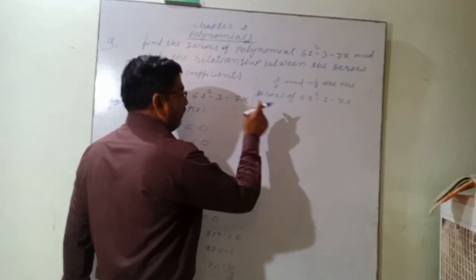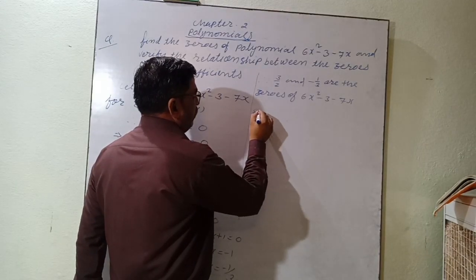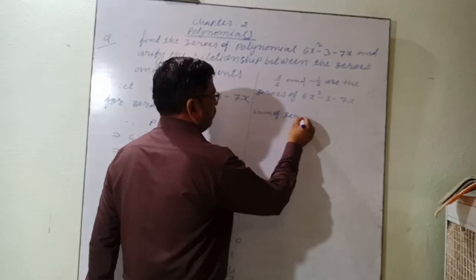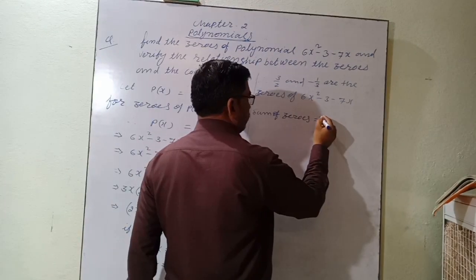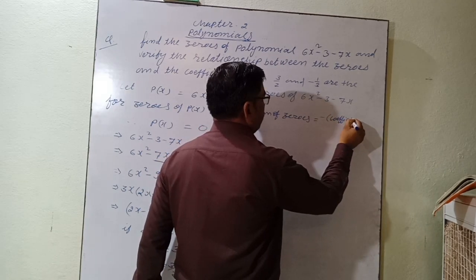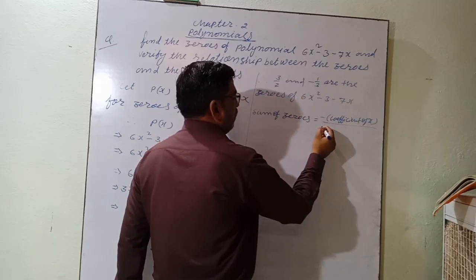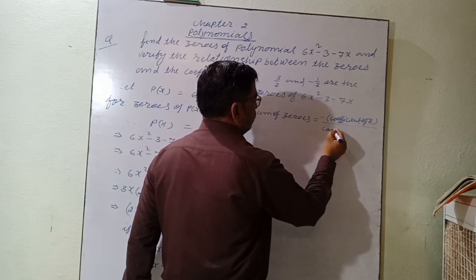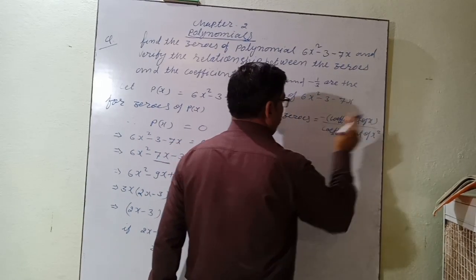So the relation of coefficient and zeros: sum of zeros is equal to minus coefficient of x term upon coefficient of x square term.